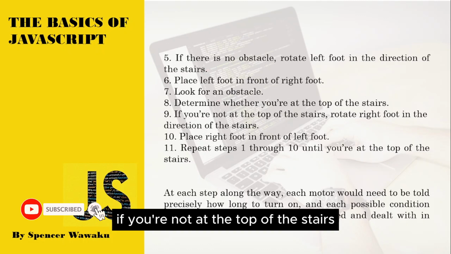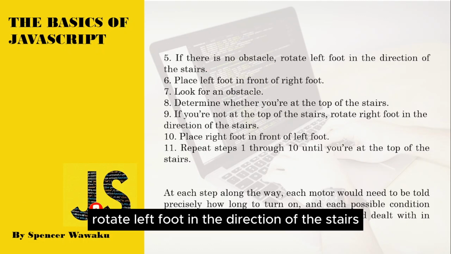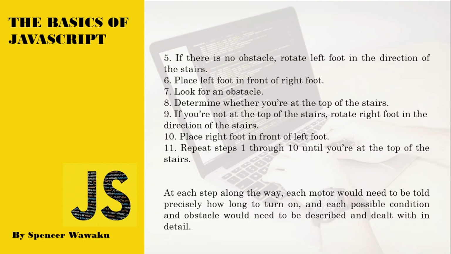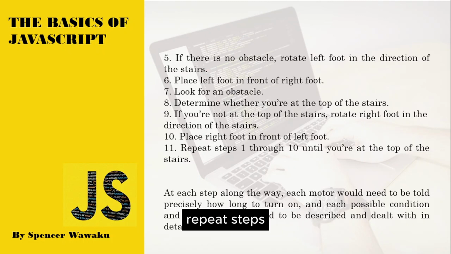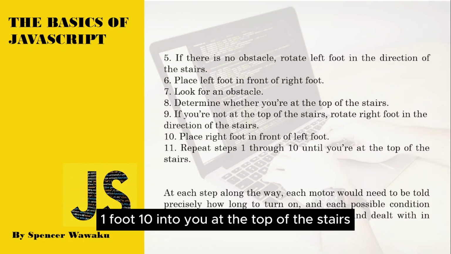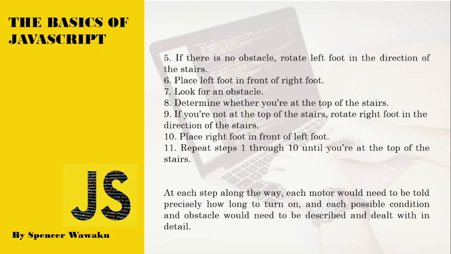If you're not at the top of the stairs, rotate left foot in the direction of the stairs. Place right foot in front of left foot. Repeat steps 1 through 10 until you're at the top of the stairs.